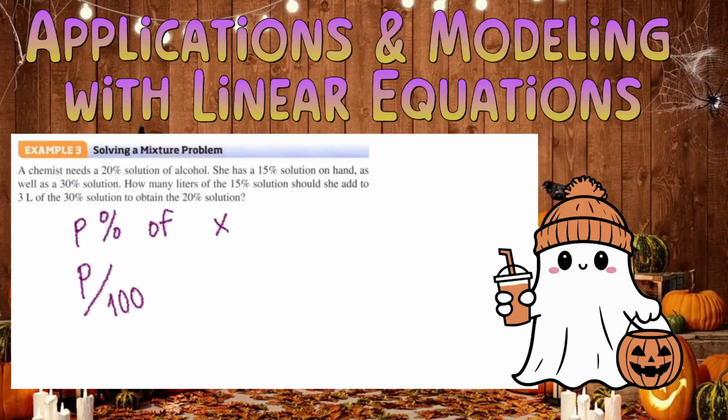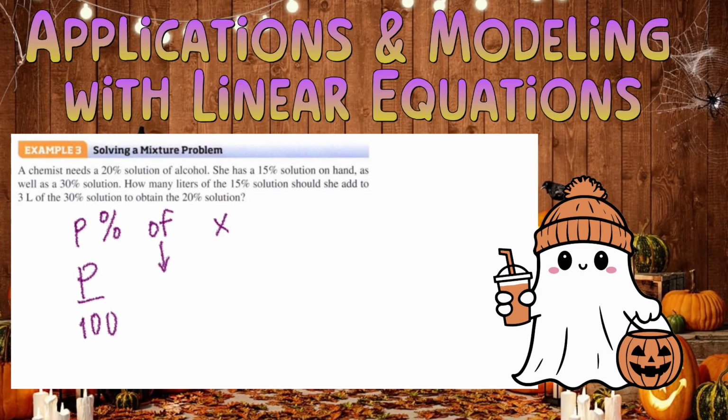So P over 100. And I actually think it's better that we write our fractions vertical.